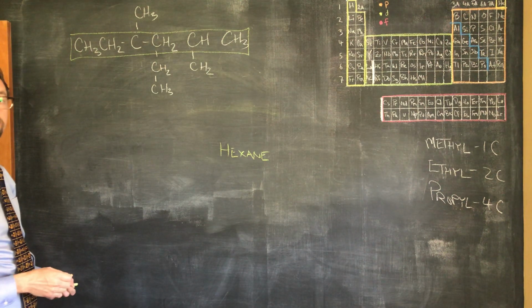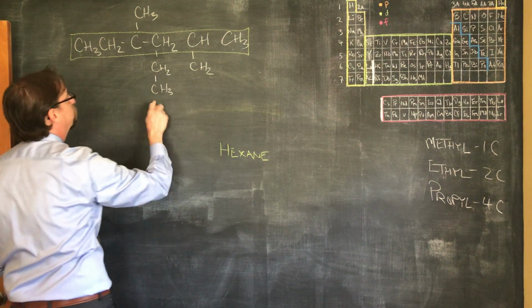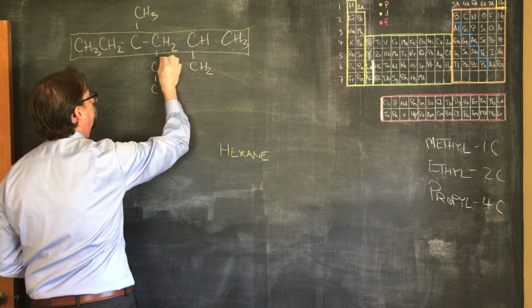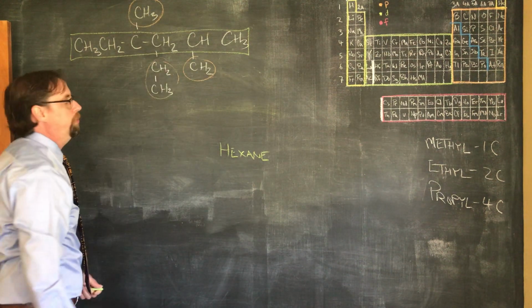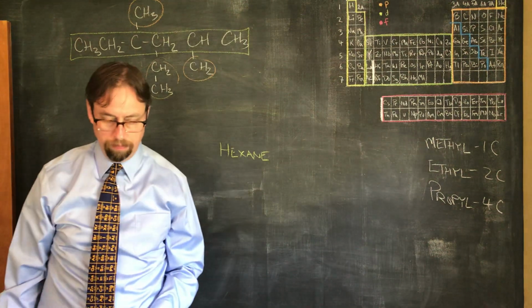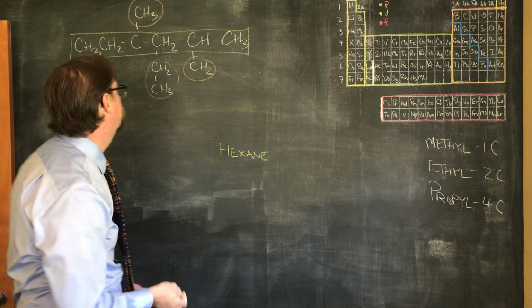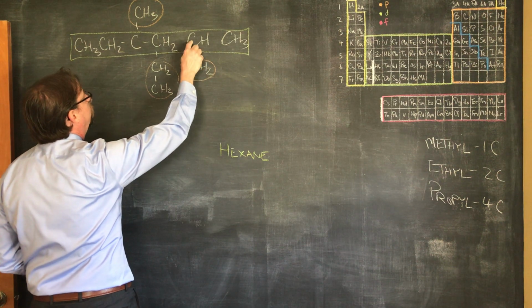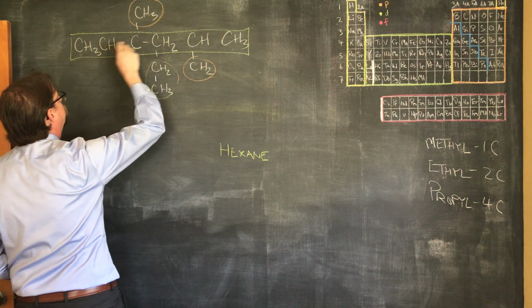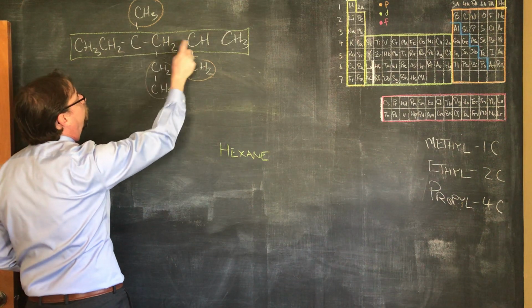Now I need to number so that my branches end up, so here are my branches, let's circle those. I've got 3 branches here, and I want those to be on the smallest number. So looks like I'll start on this end, because that puts my branches at 2, 3, and 4. If I start here, I've got branches at 3, 4, and 5 carbons.